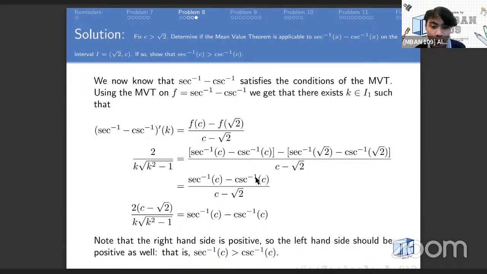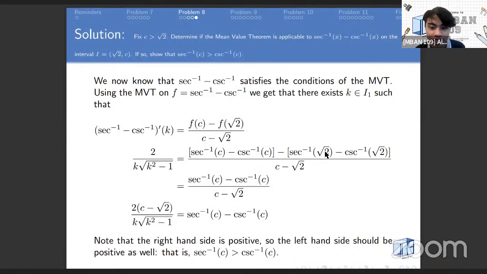So ayun, magiging arc secant c minus arc cosecant c all over c minus square root of 2. Sorry. Kasi ang value ng arc secant ng square root of 2 ay equal lang sa value ng arc cosecant ng square root of 2. So magiging 0 tong part na ito. So matitira yung part na ito.